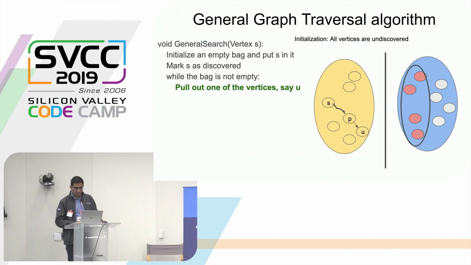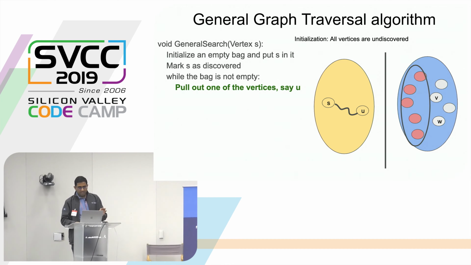And the assumption, of course, is that each of these vertices is already connected to the source vertex as part of a growing search tree. Then we can visualize U as becoming part of the search tree with a well-defined unique path from the source vertex leading up to U.